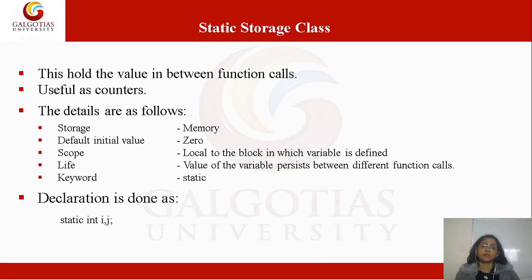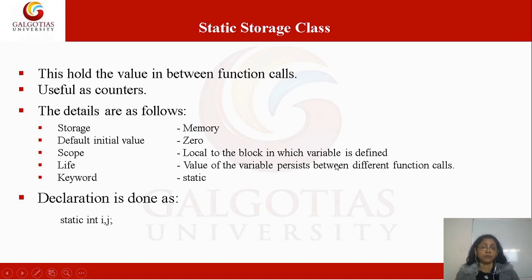Next, come to the static storage class. This holds its value in between function calls, and this particular storage class is generally used for making variable counters. Here the storage is memory, the default initial value is always 0, and the scope is local to the block in which the variable is defined.